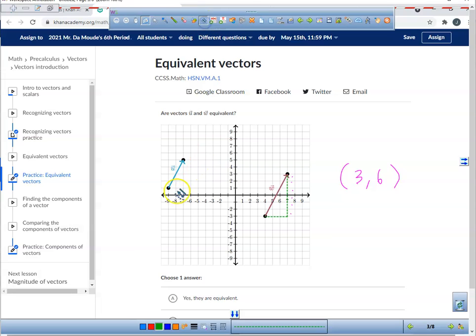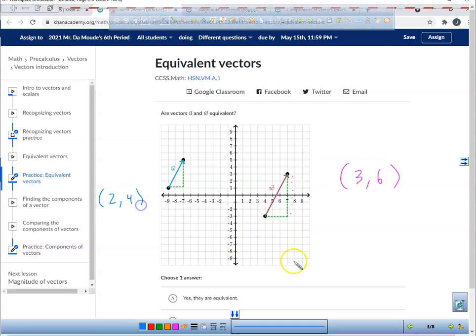This vector goes over 2 and up 4. So those are the components for vector u. Now they actually are going in the same direction.